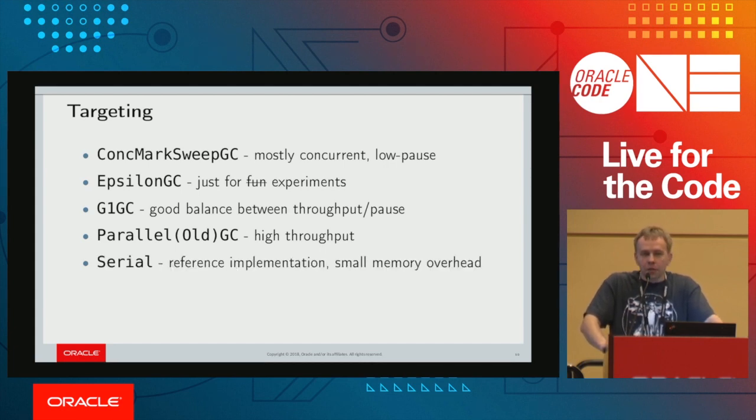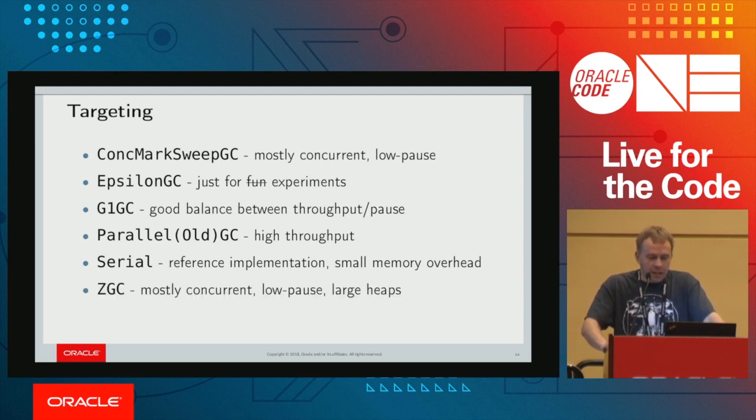Serial is, first of all, a reference implementation which is hard to get wrong, and second, it really gives you quite a nice, small memory overhead. And ZGC is new, experimental, not yet fully completed, but it's definitely a low-pause GC targeted at large heaps. There are plans to make ZGC production-ready in Java 12. I hope it will be done.